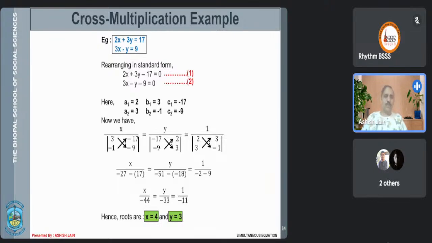Clear? So this method is called cross multiplication method. We have seen 4 methods. First method is substitution. Second method is comparison. Next method is elimination method. In elimination, we have 3 cases. Case number 1 is when we have same coefficient, opposite sign.